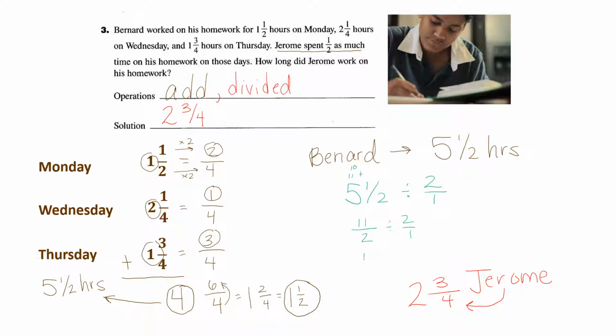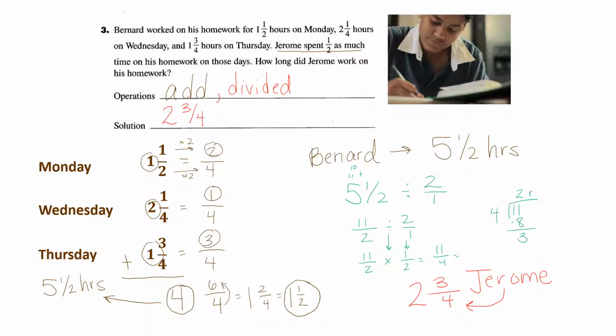And I keep, change, flip. So I have 11 and 4. So I have 11 divided by 4. 4 can go into 11 2 times, which is 8.